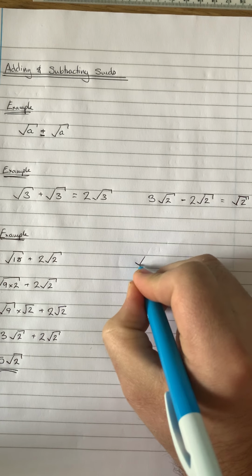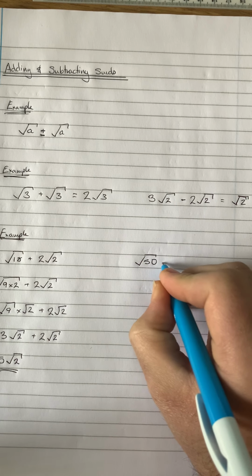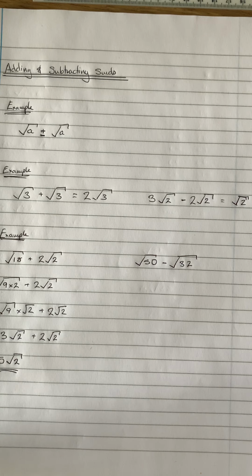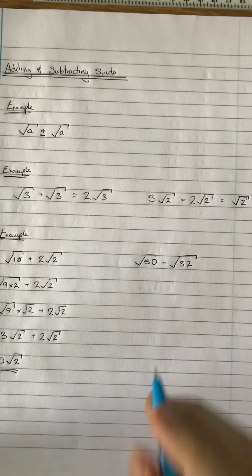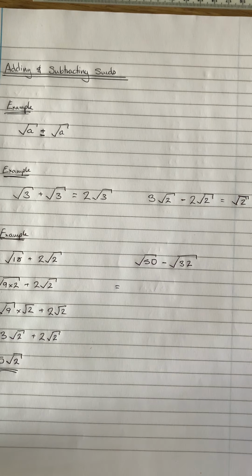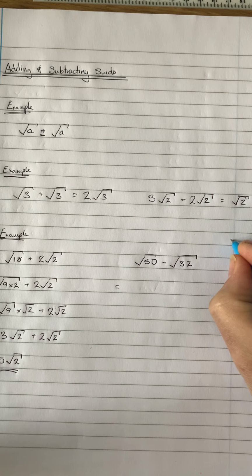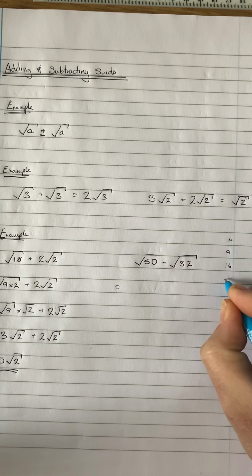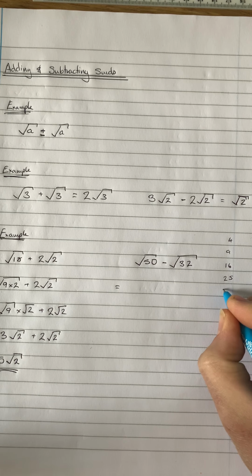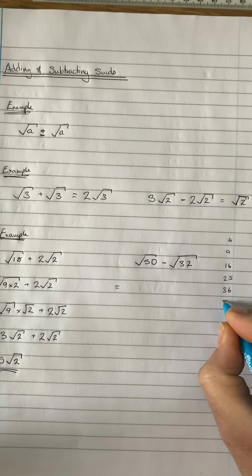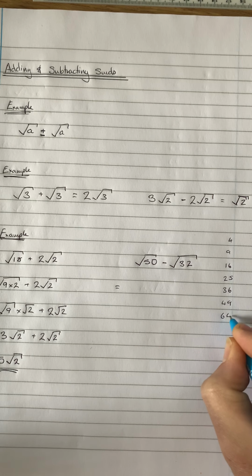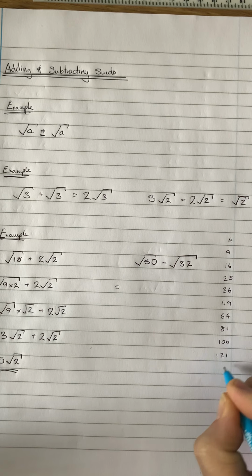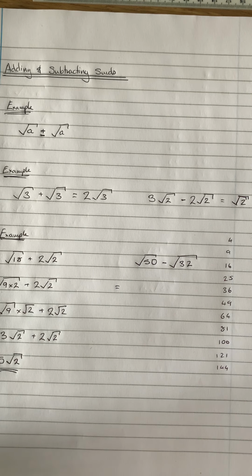Another example we could have the root of 50, subtract the root of 32. Now, in this case, both of them we have to simplify down. So remember your perfect squares: 4, 9, 16, 25, 36, 49, 64, 81, 100, 121, 144, and so on.